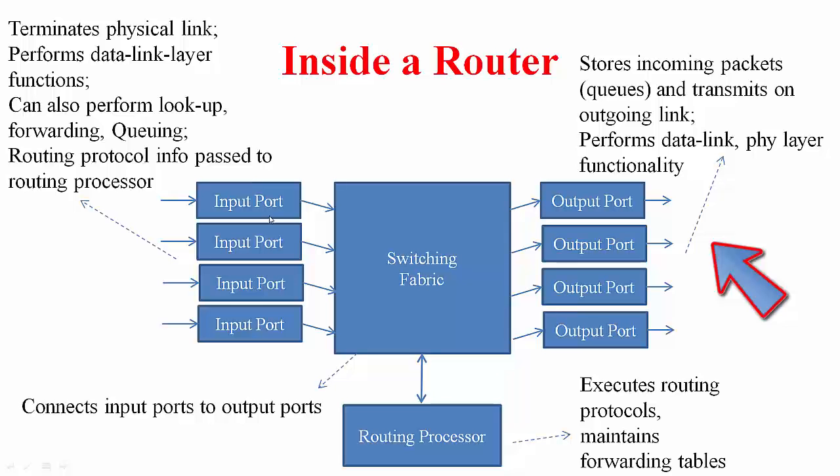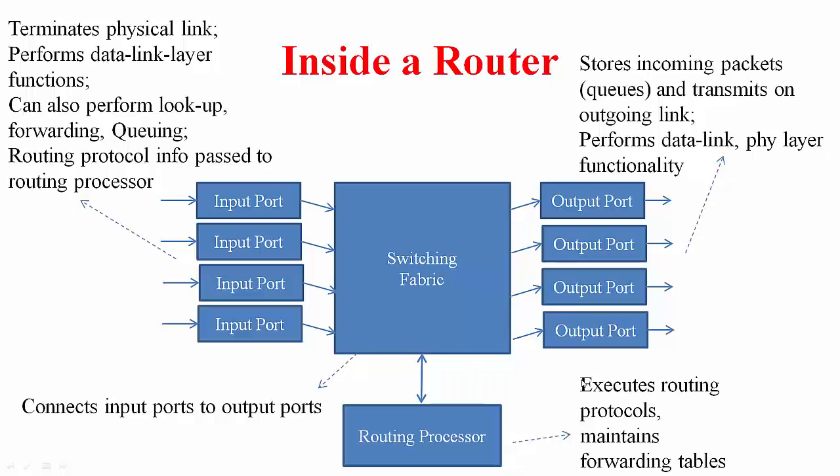Whatever packets come from the input port to an output port are often queued and then transmitted on the outgoing link. Before transmitting on the outgoing link, the necessary data link as well as physical layer functionalities are performed on these packets. Now, the switching fabric basically connects the input ports to the output ports. We will see more of this shortly.